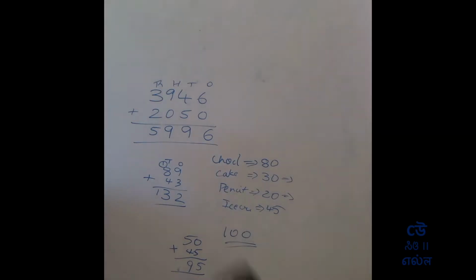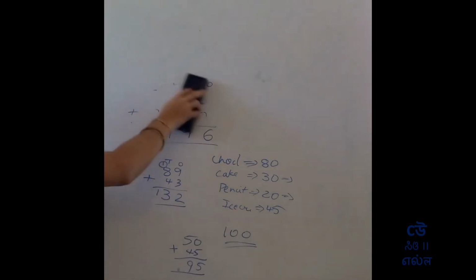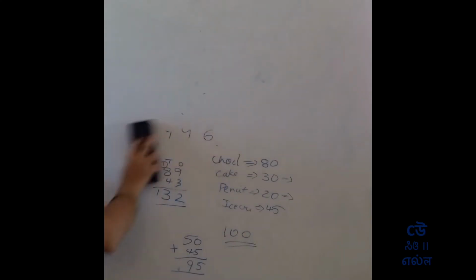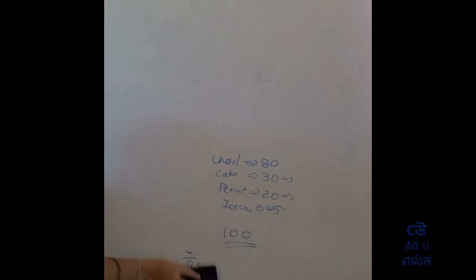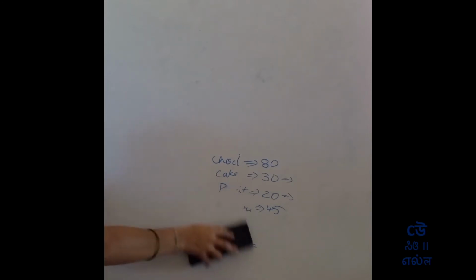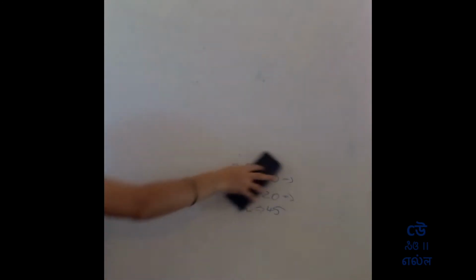Next example let us take. See children, we have a trader. A trader, he has to receive some money from two sources.